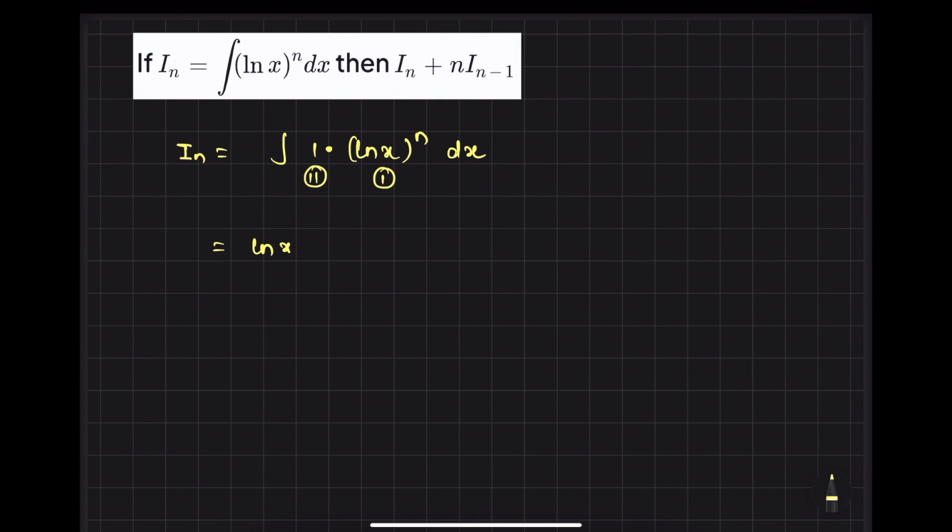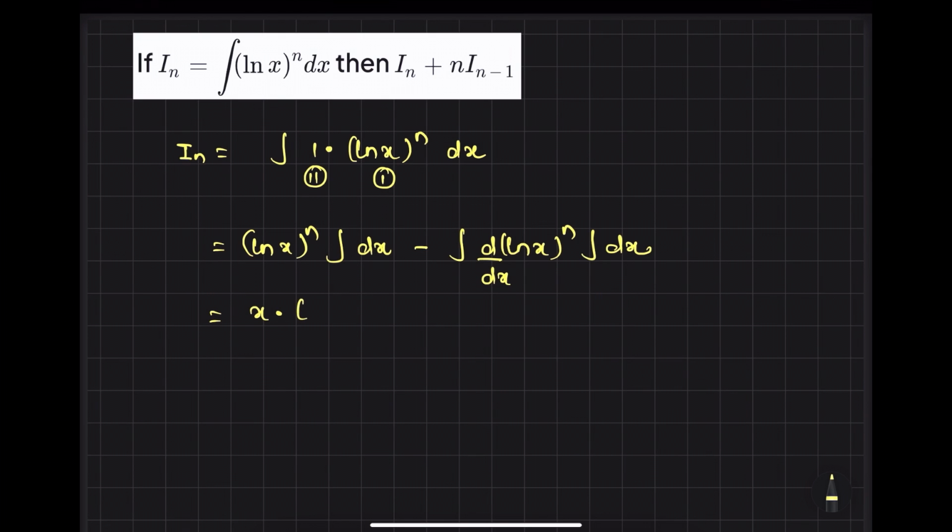So first function, into integration of second function, minus whole integration of the differentiation of the first function into the integration of second function. Okay, so look at this. Can I write what is the integration of 1? It is x.